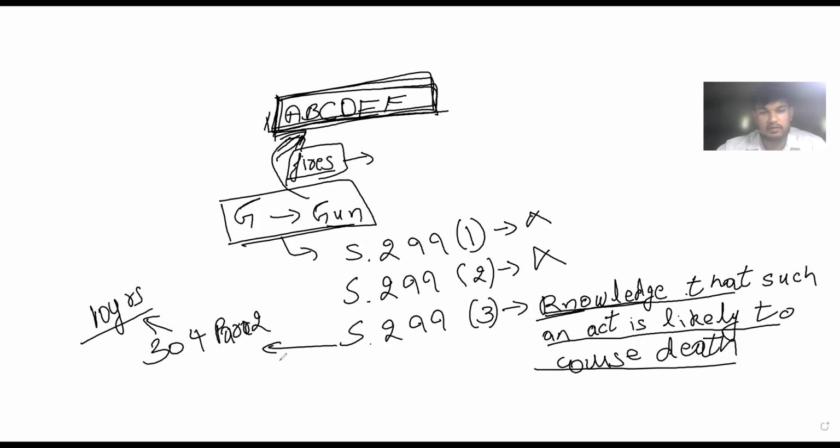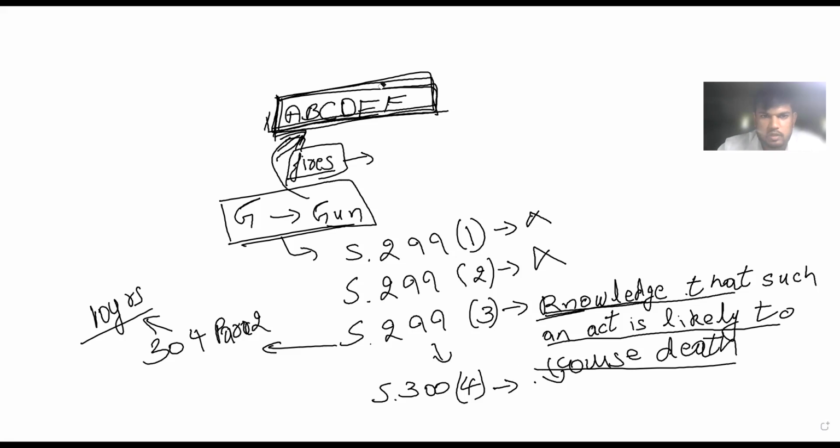Okay, but if the prosecution frames the charge of 304th as well, since the act which he was doing, that is shooting, and that too on a crowd, so what will we say?